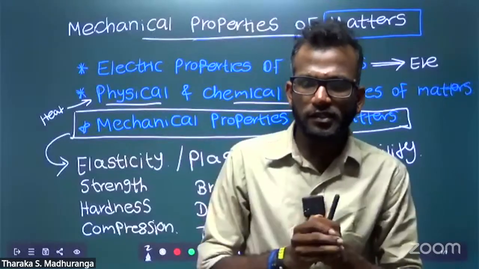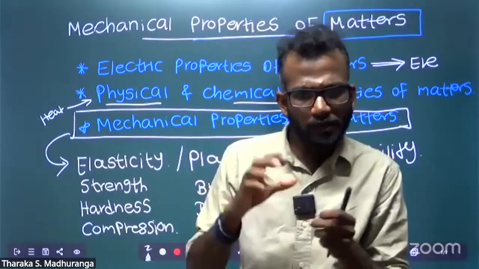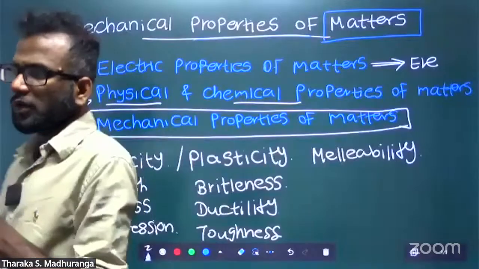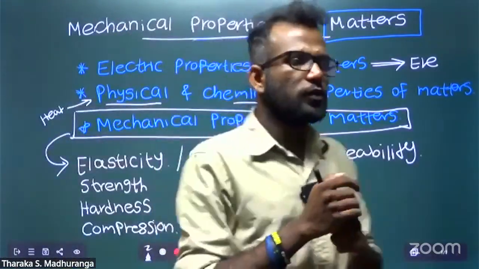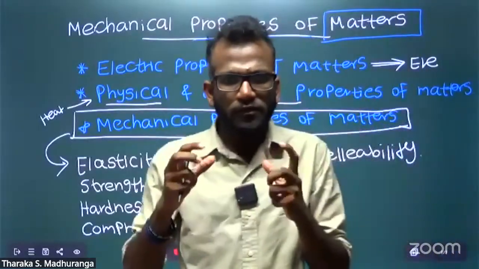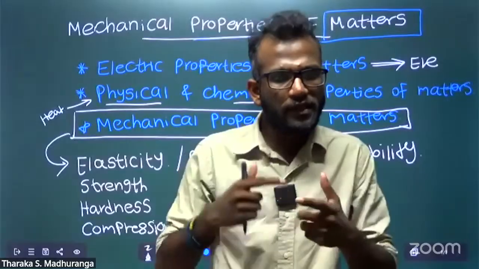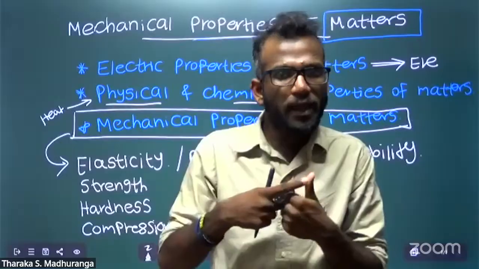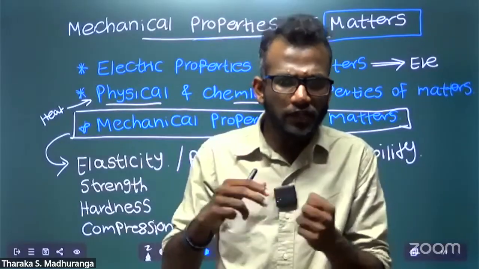But in this lesson, we are going to mainly discuss a few properties. I will explain one by one. We are not going to discuss every mechanical property, only a few to understand these theorems. As I explained earlier, Hooke's theorem and Young's modulus, we discuss only the basic things in this lesson.